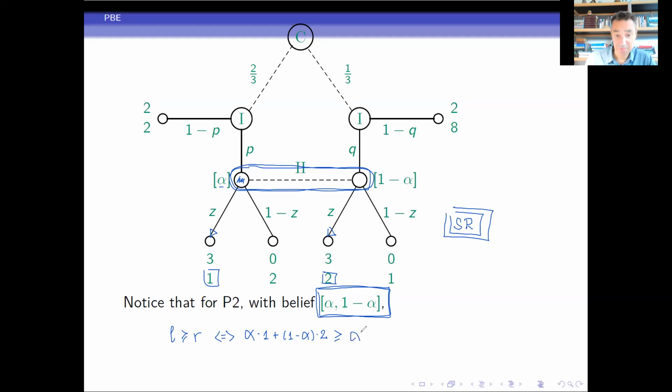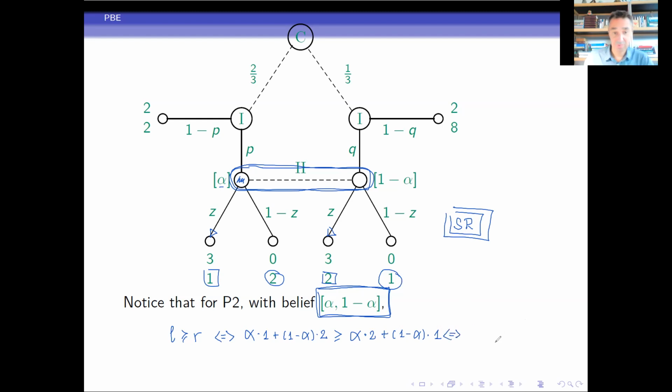And if you move to the right, with probability alpha you get 2 over here, and with probability 1 minus alpha you get 1. So that's how you compute this.